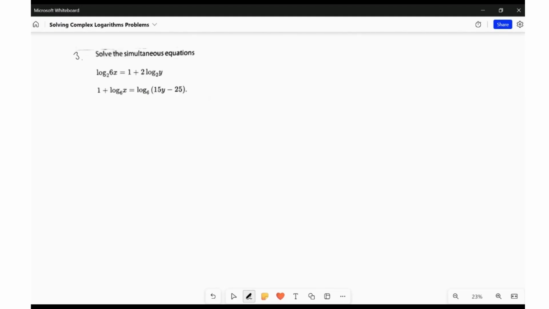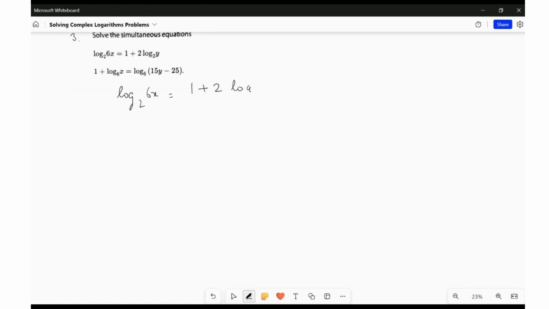Now in the third question, we have two equations, or simultaneous equations. We need to find the value of x and y. In the first equation, we have log 6x base 2 is equal to 1 plus 2 log y base 2. Again we need to keep in mind that the bases are the same.